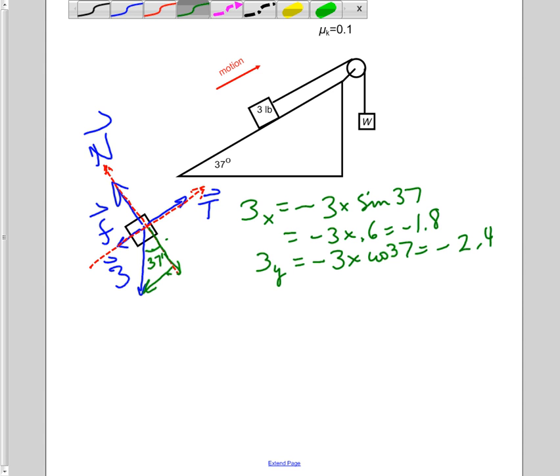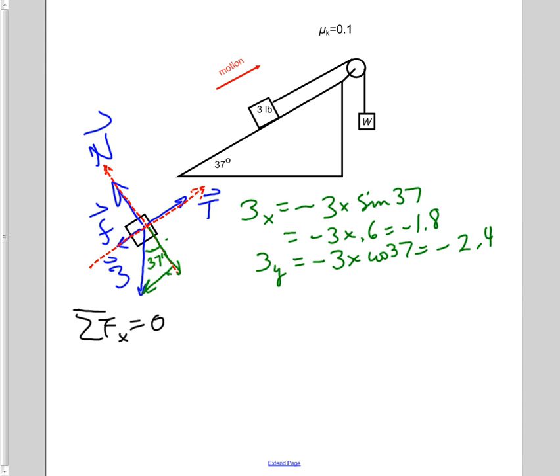Let's go here and say, okay, the sum of the forces in the x direction must be 0, and the sum of the forces in the y direction must be 0. I'm going to start with the y direction, because we have minus 2.4 plus N equals 0.